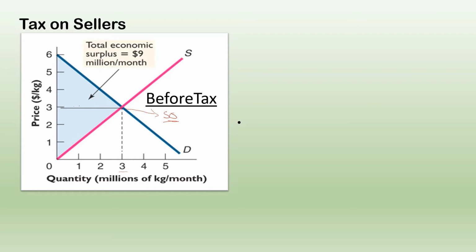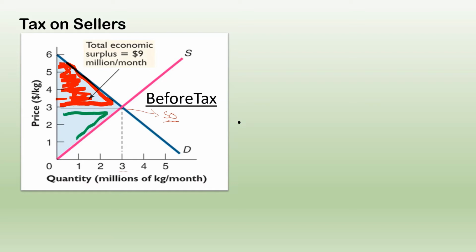Consumer surplus in this diagram is the area below the demand curve and above the market price of $3. So this is the consumer surplus. And what about the producer surplus?